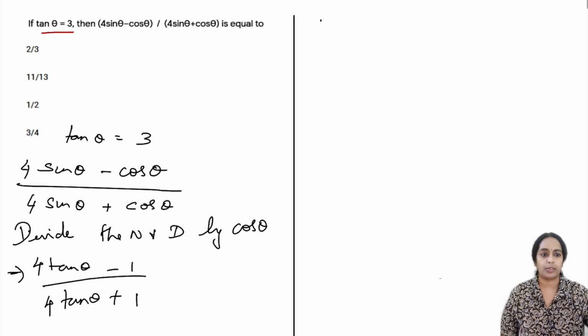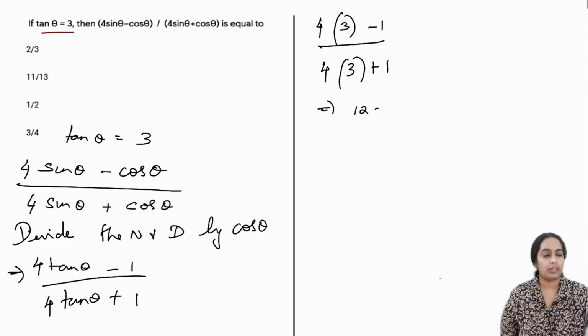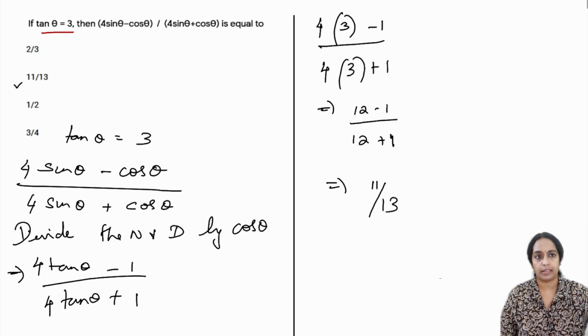So let me substitute the value in this. So it's going to be 4 multiplied with 3 minus 1 divided by 4 multiplied with 3 plus 1. So the answer is 12 minus 1 divided by 12 plus 1. So the option B, the second option, 11 by 13 is the correct answer. Moving on to the next question.